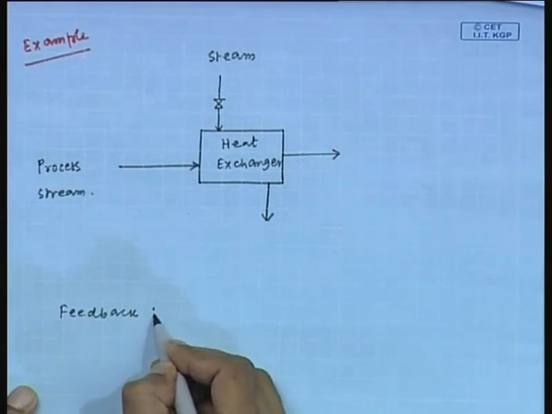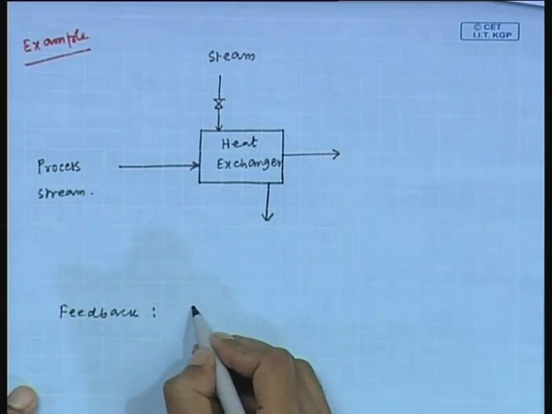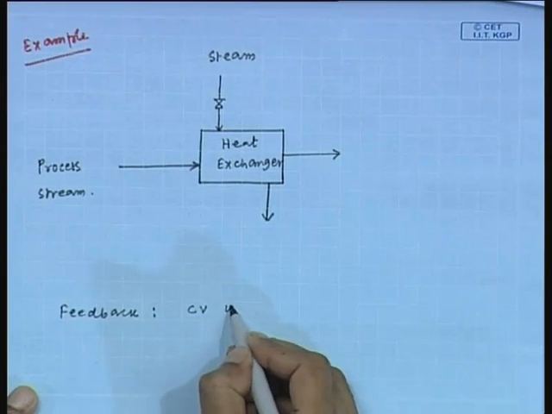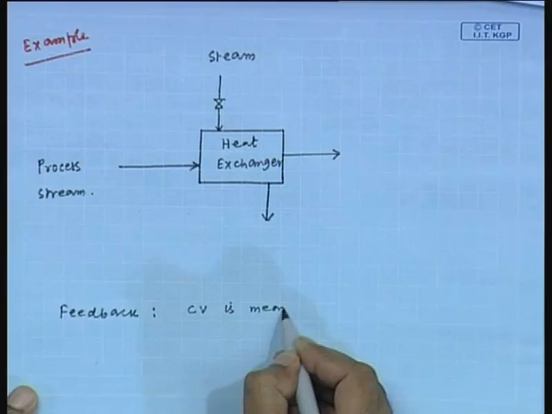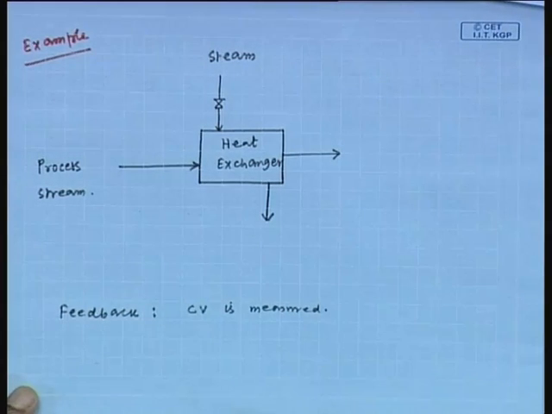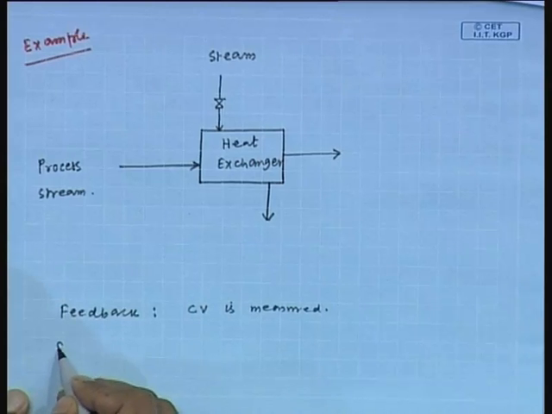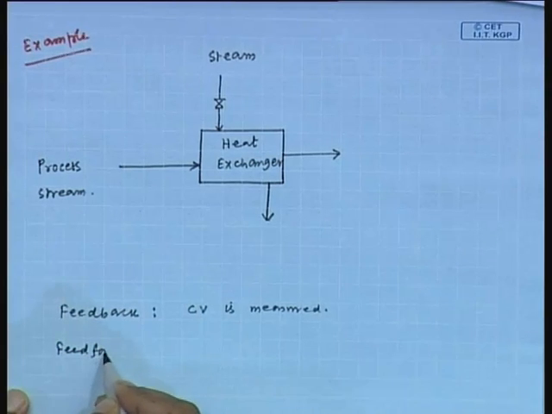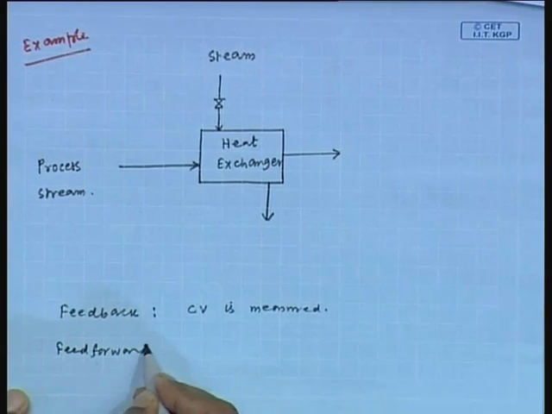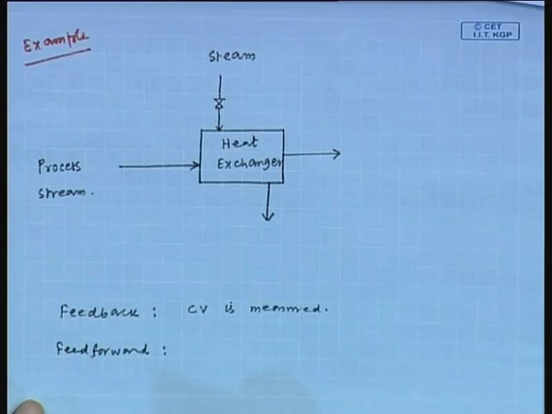It is very obvious if you see the equation of any feedback controller like P or PID. And for the feed forward controller, the disturbance is measured.